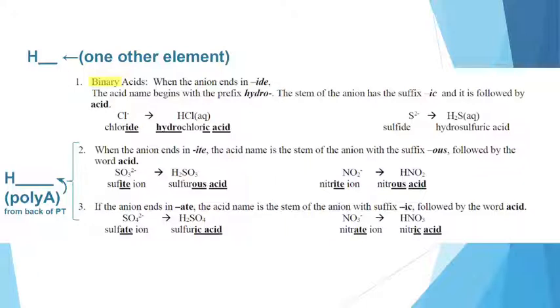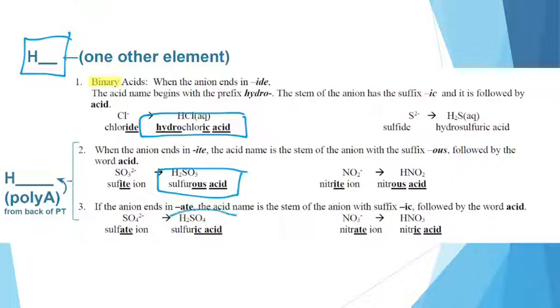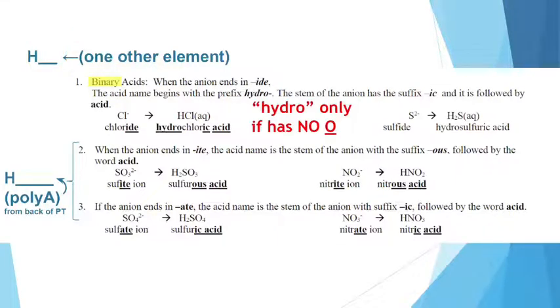And like I was saying, with our shortest, simplest acids, the ones that are just H and one other element, the name is actually just a bit longer than these other types of acids because we're going to use hydro at the beginning of the name. And the way I remember that is to use hydro in our acid's name only if the formula has no oxygen in it.